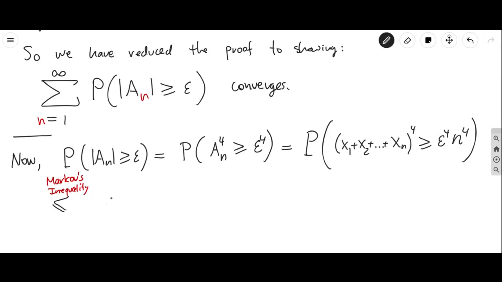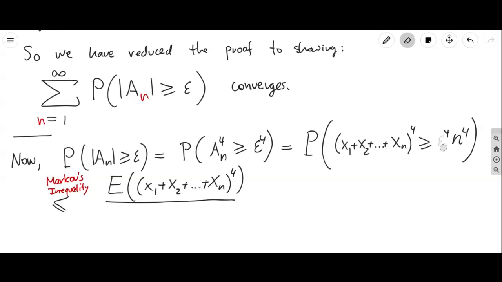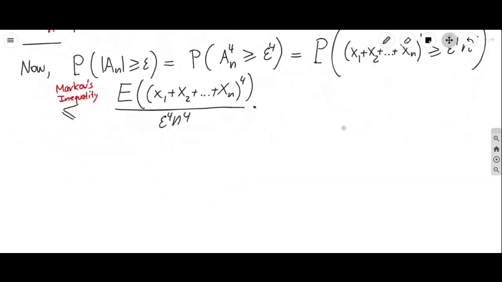So this is less than or equal to the expectation of the sum of all of these, divided by the threshold. In this case, it's epsilon to the 4, n to the 4. Epsilon here is just a constant. It's fixed in the argument.